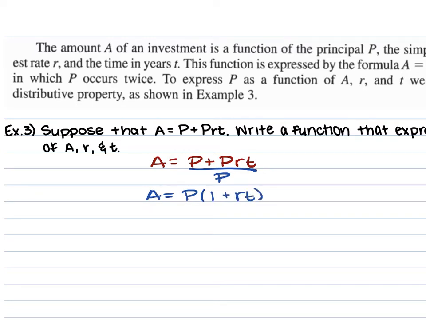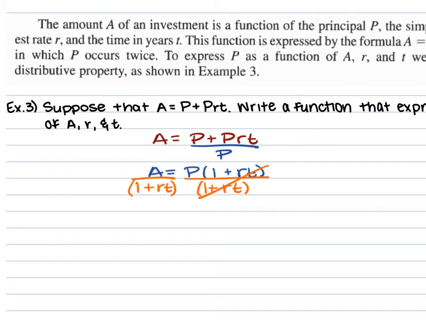Right now that P is being multiplied by that 1 plus r times t, so I'm going to divide each side by that 1 plus r times t. Those will cancel out, and I'm just left with P is equal to A over (1 plus r times t).